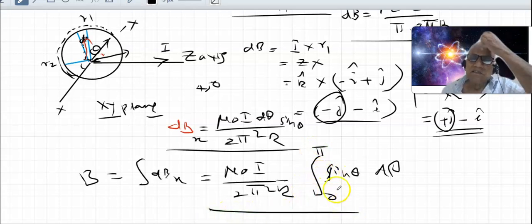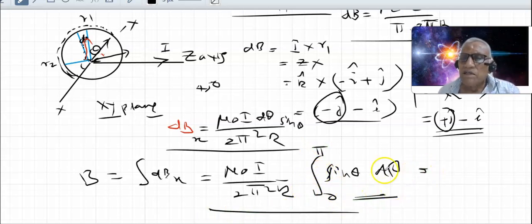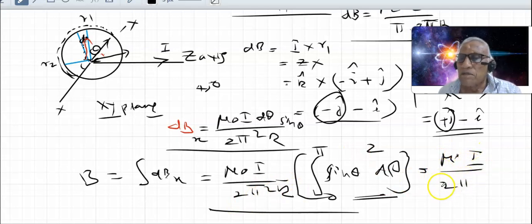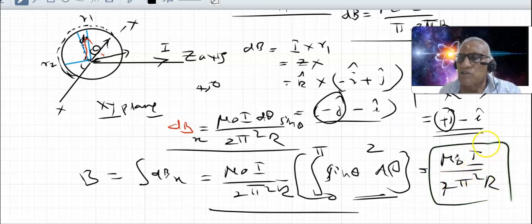This integral will be 2, so the 2 will cancel. So we will get the answer mu 0 I by pi square r. This is the answer which you get.